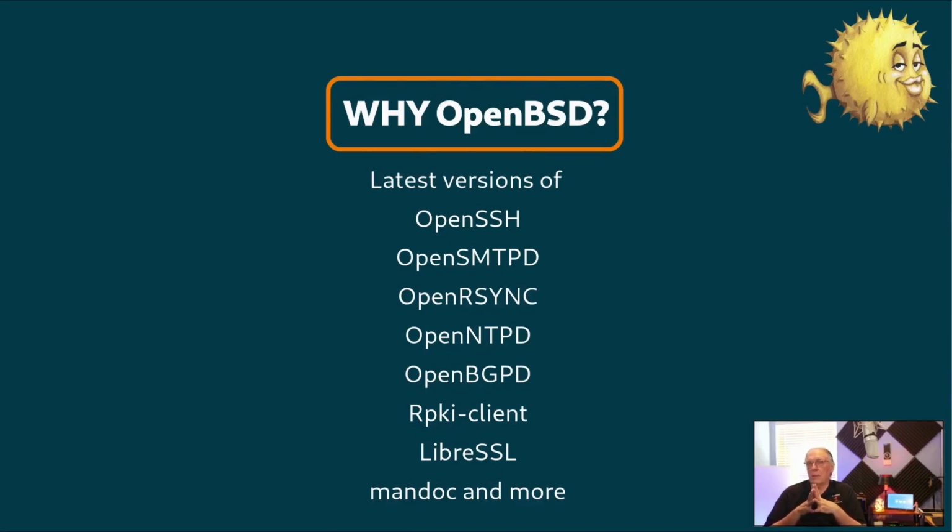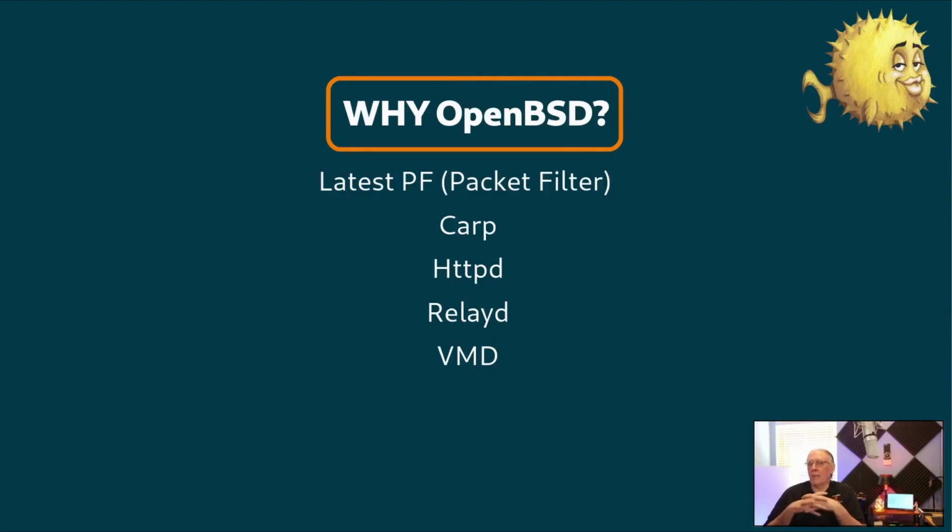OpenNTPD, OpenBGPD, RPKI client, and LibreSSL, which was the Libre version of an SSL server. Also, mandoc and more. So there's a lot of things that are inside this, and I'll have some links to all the innovations that OpenBSD has brought. There are so many.